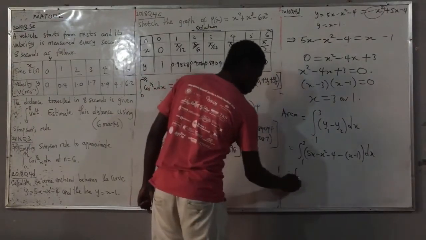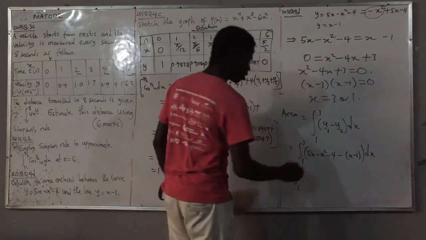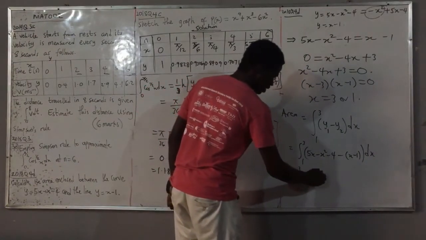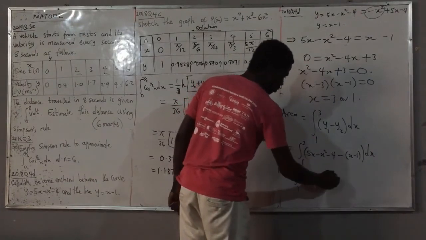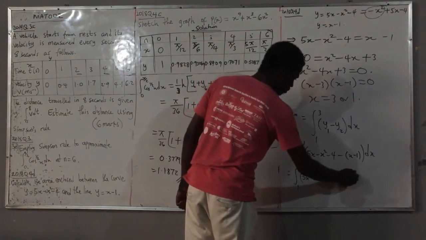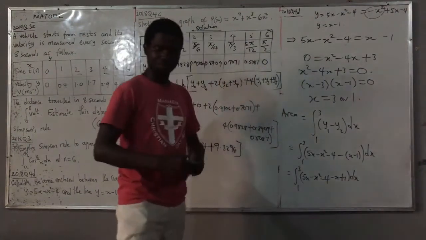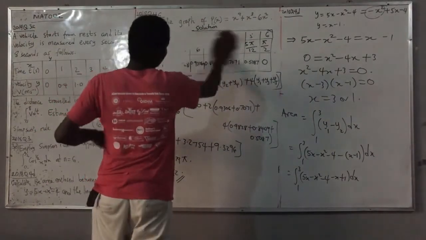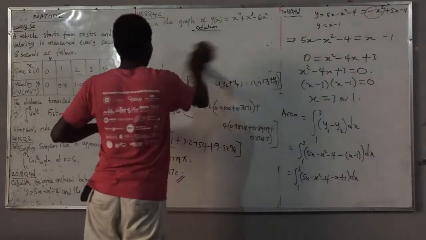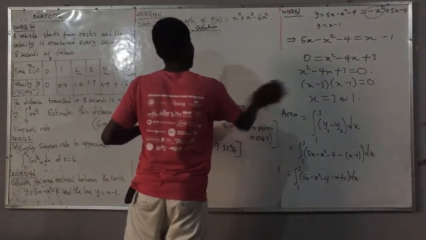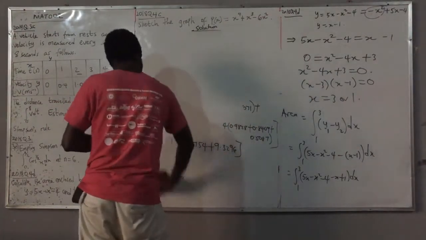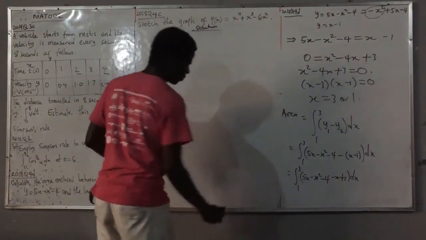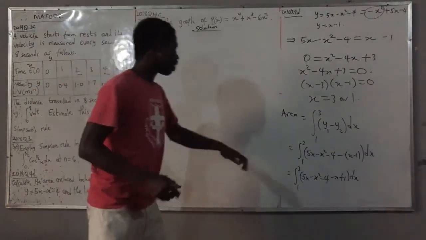So this is the integral from 1 to 3 of 5x minus x squared minus 4 minus x plus 1 dx, right? So look at what will happen here.